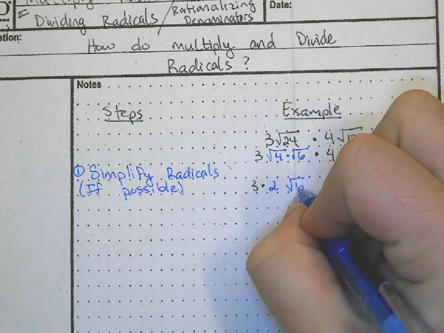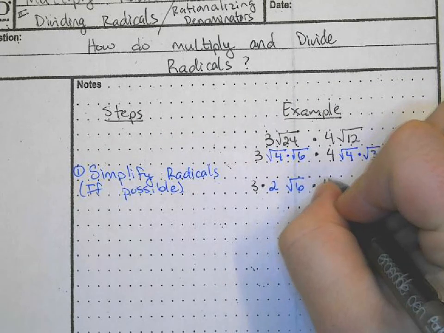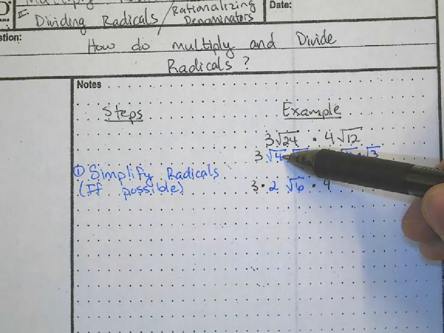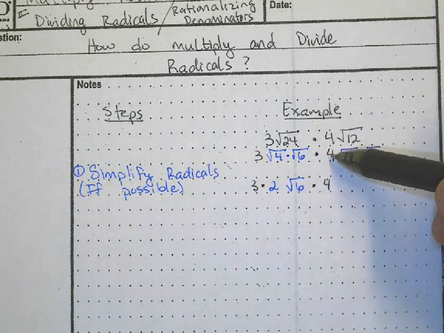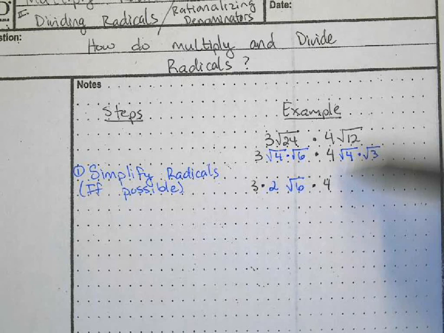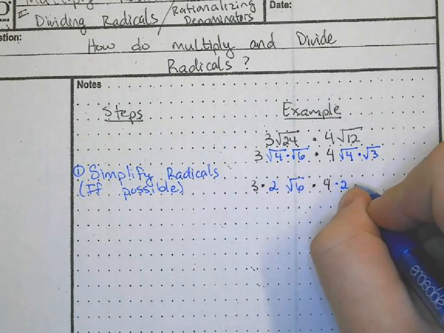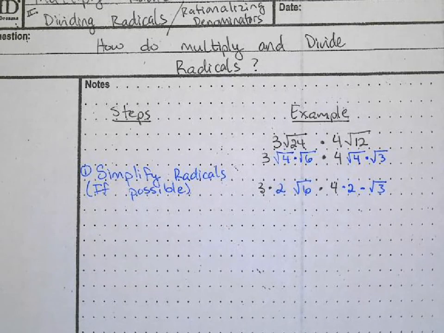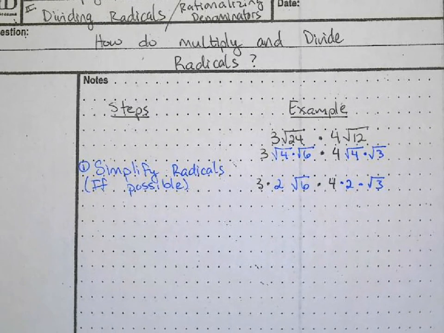And then we'll bring down our root 6 times the 4, just bringing this stuff down. So I brought my 3 down. Square root of 4 simplified. Square root of 6 stayed the same. 4 gets brought down. Square root of 4 will simplify. And then the square root of 3 stays the same. Okay, so that was step 1, simplifying the radical.